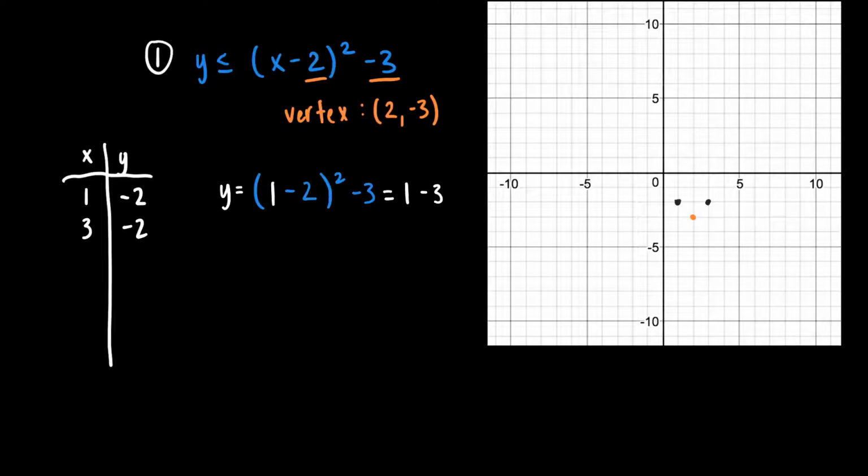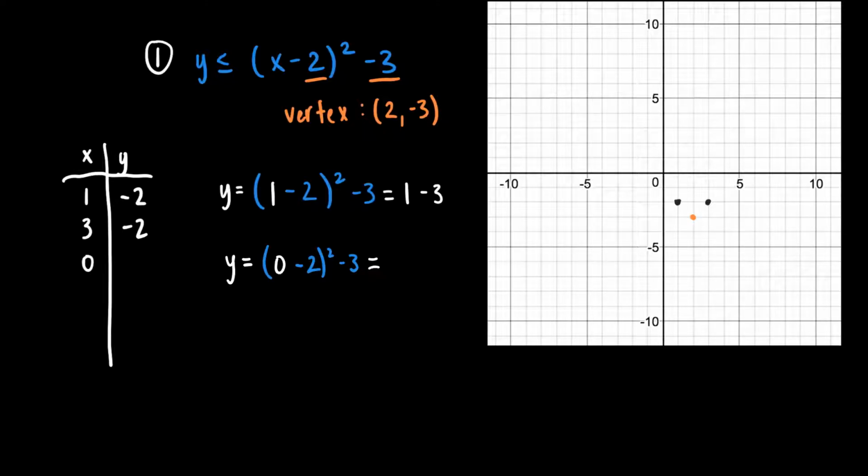Let's plug in another point right next to that. So let's try 0. Maybe we'll move over to 1 and 2, it depends on what happens here. So if we plug in 0 for x, we've got y is equal to 0 minus 2 squared minus 3. 0 minus 2 would be -2.